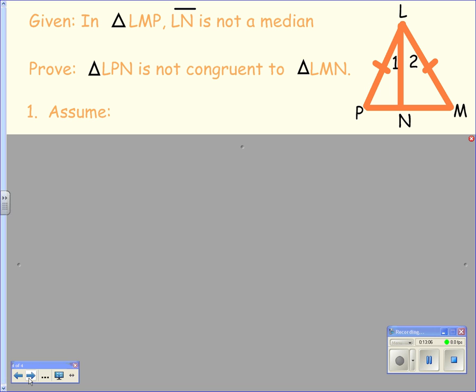All right, looking at another example. What are we going to assume?